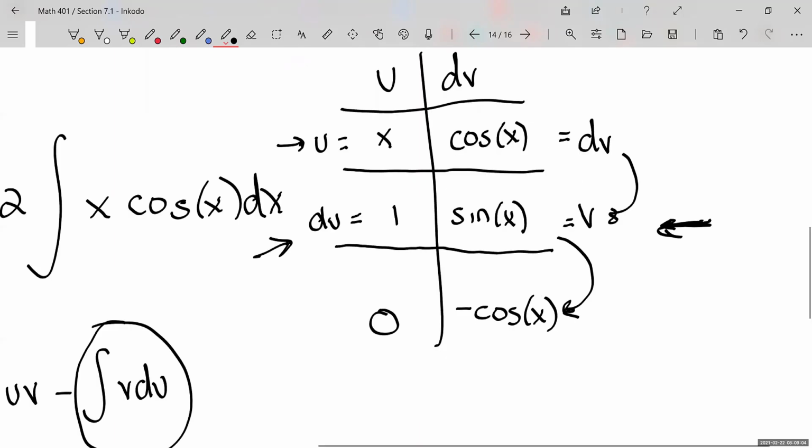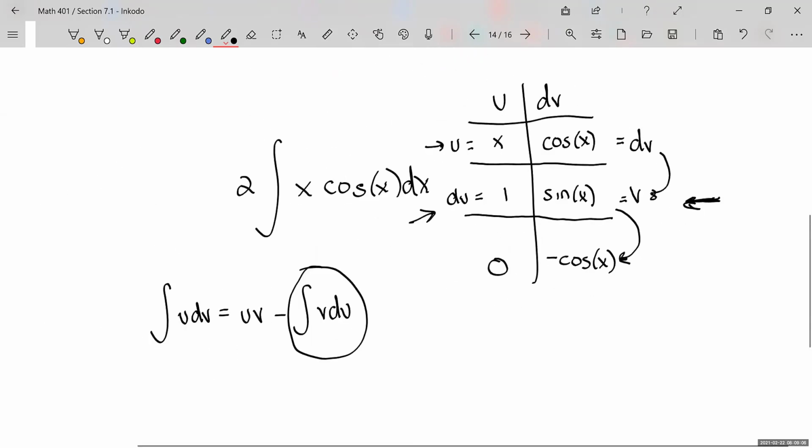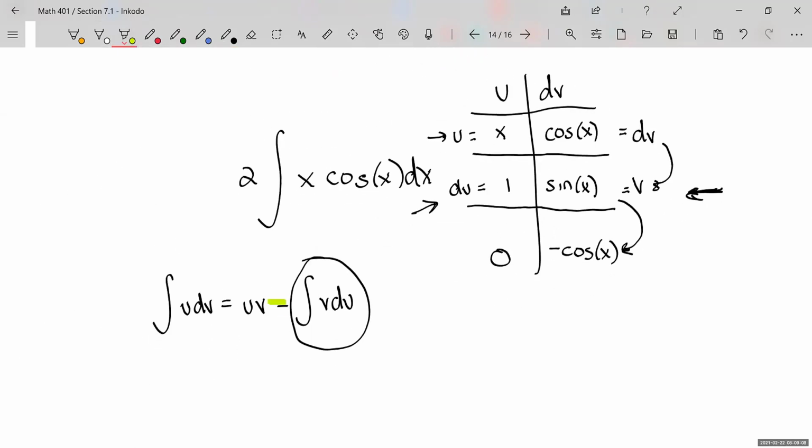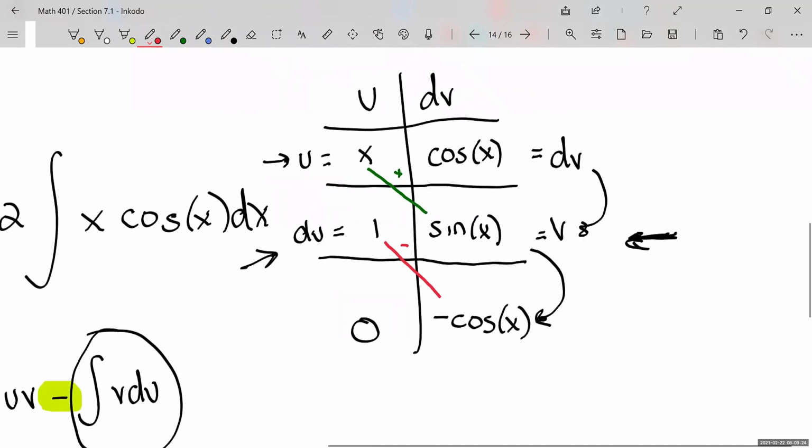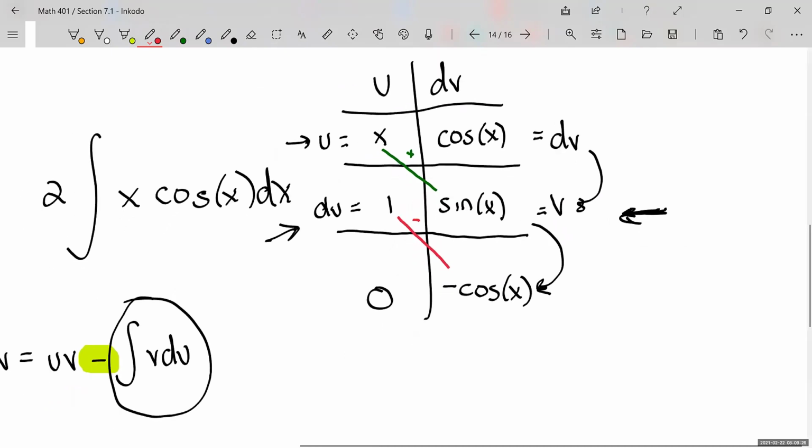And then because there's this alternating pattern with this plus or minus sign here, well, it's the positive product of u and v, and then minus the integral v du. And so that's why it alternates. And the table alternates forever like that.